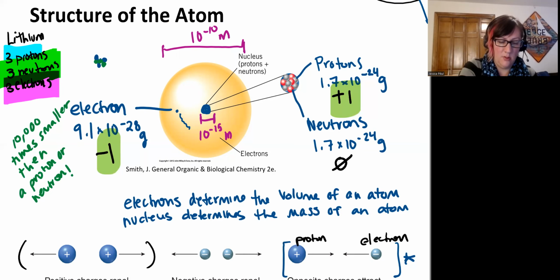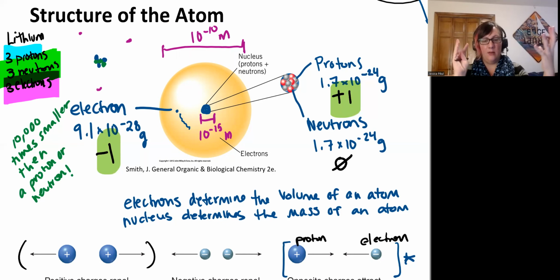It's really hard to know where they are at any given time because they are so tiny. And it's really hard to know which direction they're going because they're so tiny. So they're just going to exist around it. I like to think of them as moving around so fast that it creates this cloud. And really the cloud word comes from us saying there's a probability of finding an electron in a region around the nucleus that is sometimes a sphere shape.